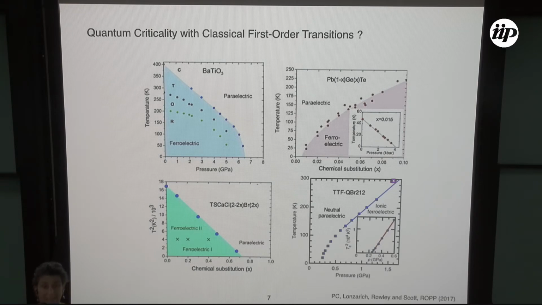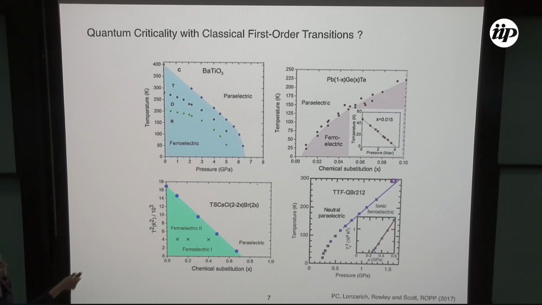So one of the things that Gil has been trying to do, and many others more recently, including Karsten, who's here, who's been doing some nice pressure work on these systems, is: what if we take these materials that are used for room temperature applications and go to low temperatures? What can be learned about quantum criticality? One of the points that Gil, as our experimental colleague, always emphasizes is notice, for example, in barium titanate, we have a range of about 400 degrees.